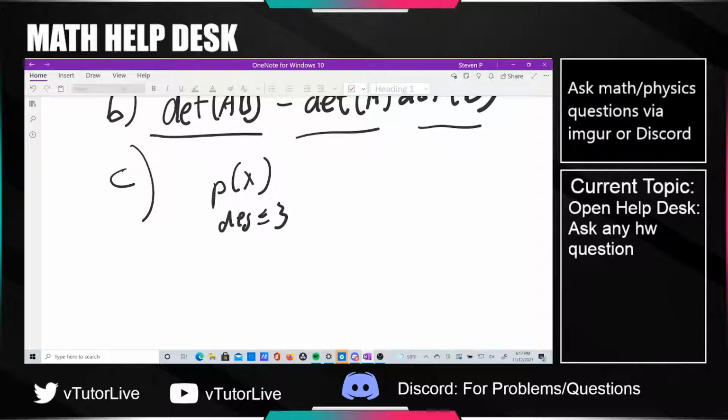And then it talks about how you can find the unique polynomial of degree at most 3 satisfying this thing. It seems like the book gives you some methods to find the polynomial. And consider the determinant. Yeah, they gave you all the tricks you need.